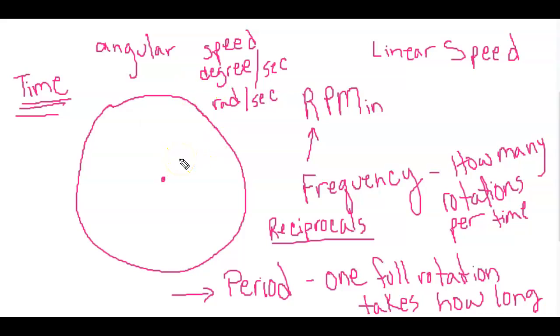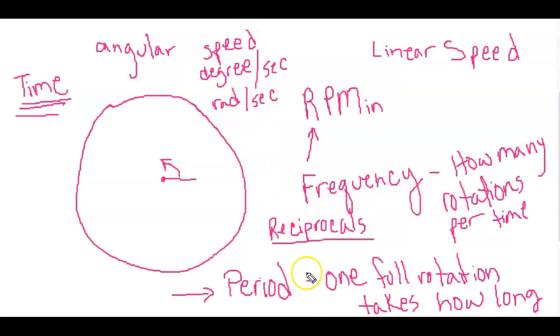We're used to miles per hour, feet per second, those kinds of measurements. But now we're not measuring some linear kind of distance. We're actually measuring how much of an angle have we covered, spinning, because our distance isn't going anywhere. We're just spinning. So how much of that angle have we covered in a certain amount of time? So angular speed is always in degrees per second or radians per second.